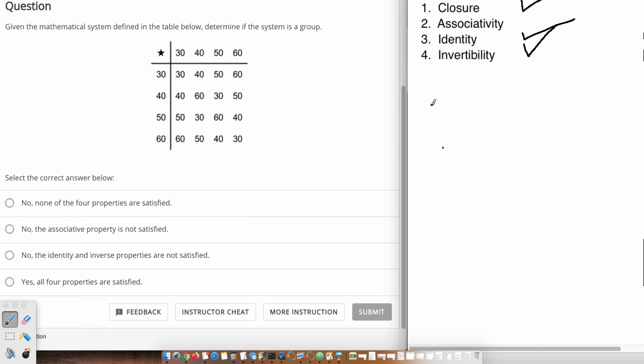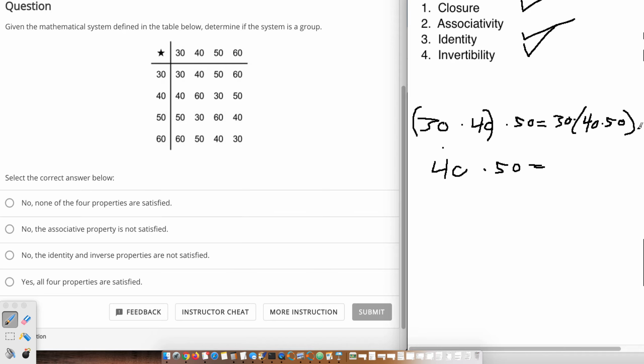Okay, so for it to have the associative property, you should be able to take 30 star 40 star 50. I'm going to use dots instead of stars to save time. If you do 30 and 40 first, that should equal 30 star, the result of 40 star 50. So if you go 30 on the row, 40 on the column, you get out 40.